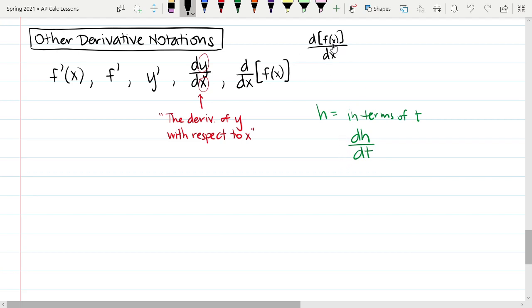So that's why they've moved the f of x out to the side. But it's based on the same idea as dy dx. And then finally, oftentimes you'll see us just use brackets around the function itself and then put a prime on the outside. So these are all different notations that you might see referring to the derivative of a function.